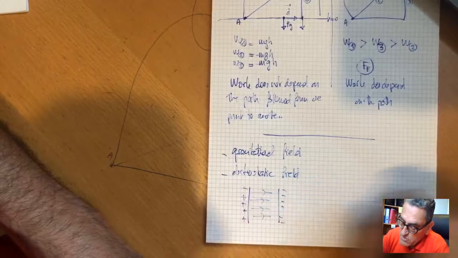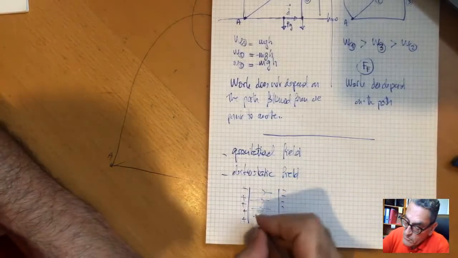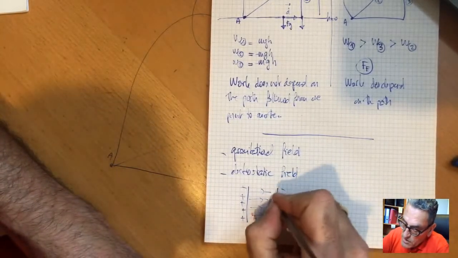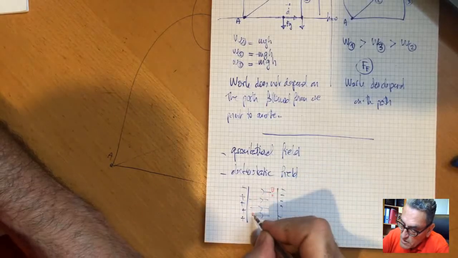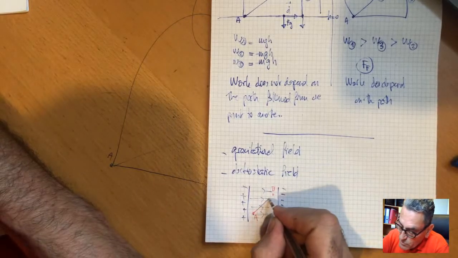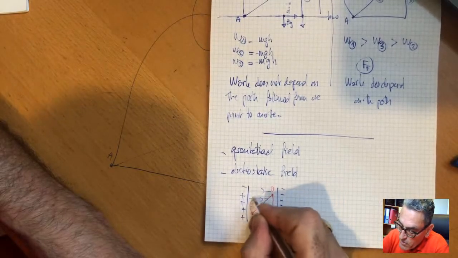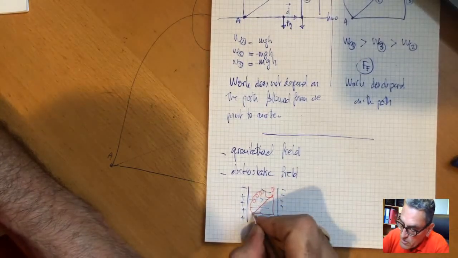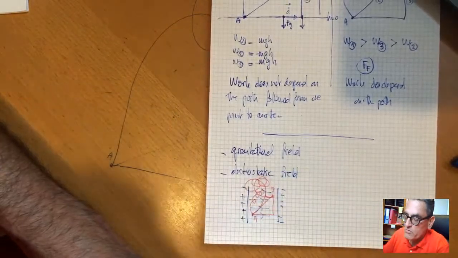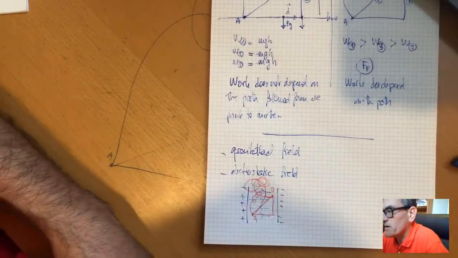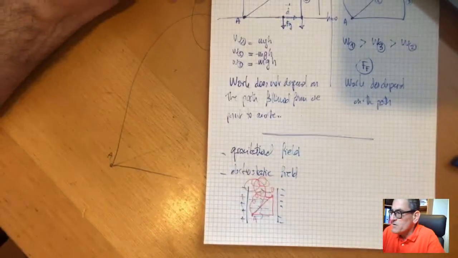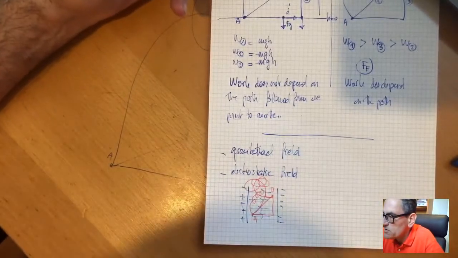Inside the capacitor we have a uniform electric field. We have a point A here, we have a point B here, and whether we go from A to B following this path, or this path, or this path, or this path, as long as I do not get out of the capacitor, it's going to be the same. The energy needed is going to be the same.